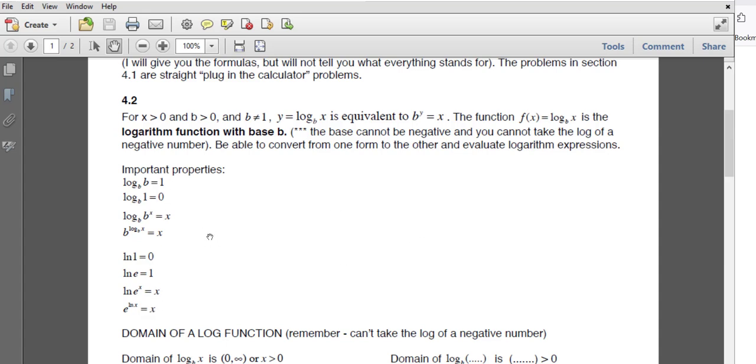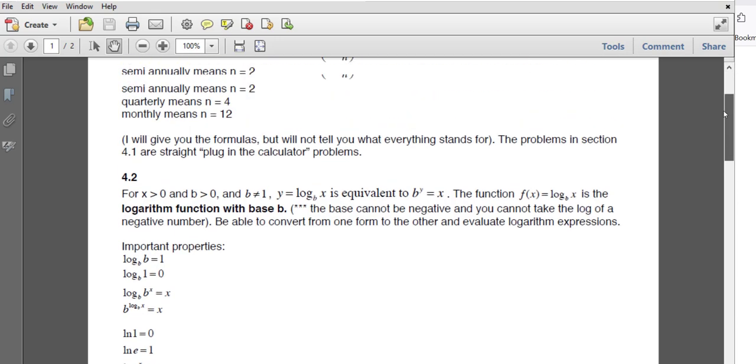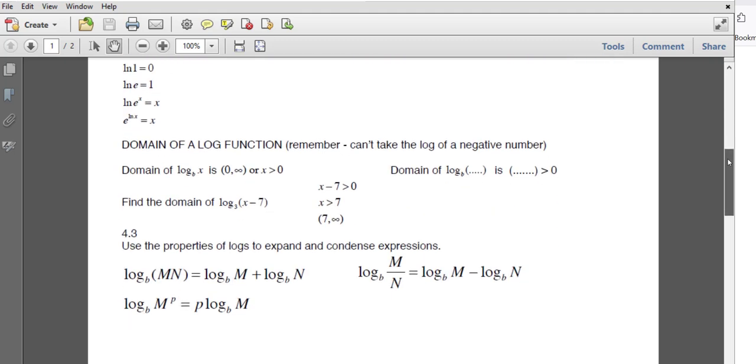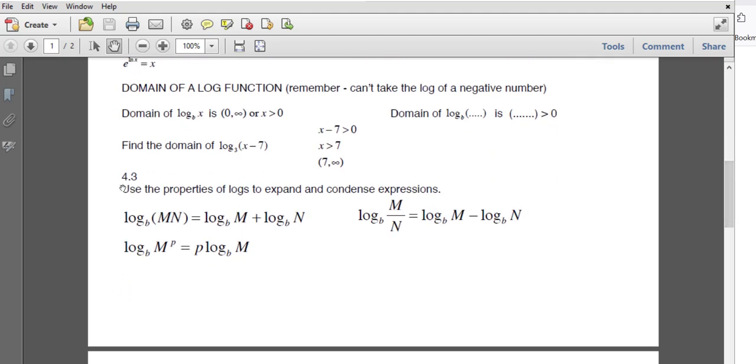If you have a printer and can print this page out, it's real important. And it is in the review section, the study guide page. Super important for you this time, more than any of the other sections. And then when you get to that 4.3 section, here's 3 more that you want to make sure you memorize.